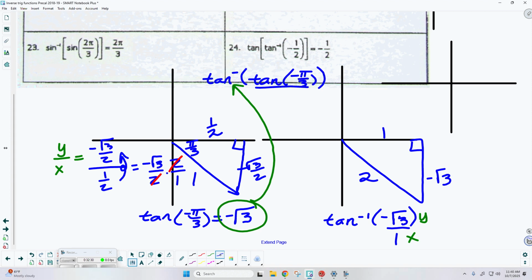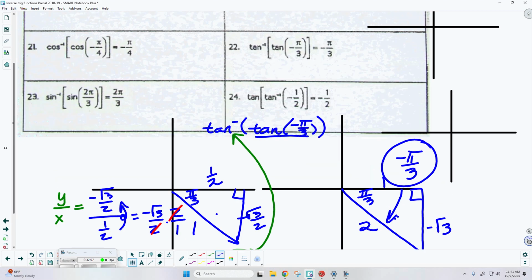If I take all of these originals, multiply by 2, I'm going to get these lengths over here. And I know that because square root of 3 is bigger than 1, this has to be pi over 3, the 60 degrees. Now, it is in quadrant 4, and I have to rotate clockwise, so is my final answer a negative pi over 3? Yeah. So what do we see about 22? It is true.